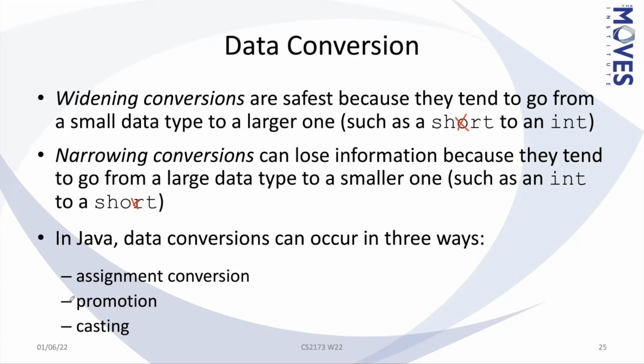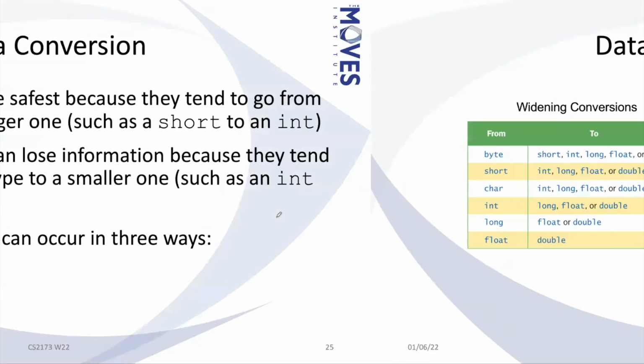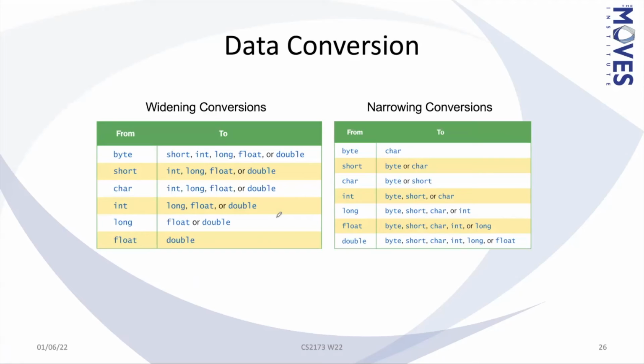Okay, so the 3 types of data conversions: assignment, promotion, and casting. Again, you don't have to worry about the particular names on that. Since we're mostly going to be working with ints, longs, and doubles, you can take an int and widen it to a long or a double, and we do not use floats here.